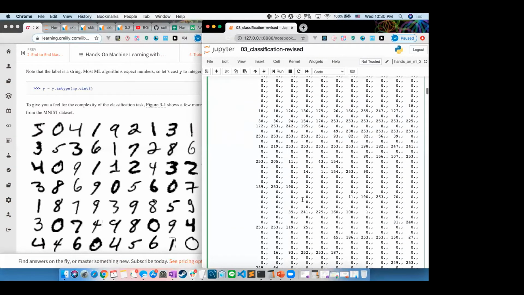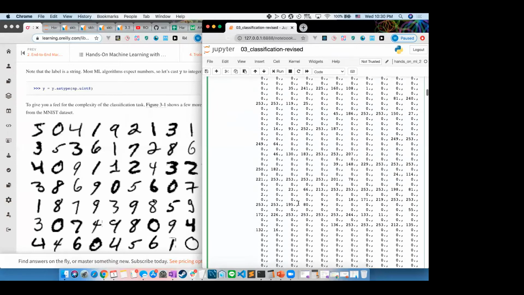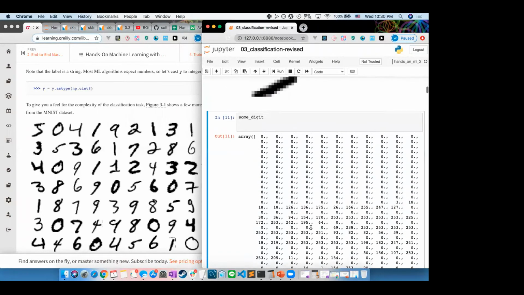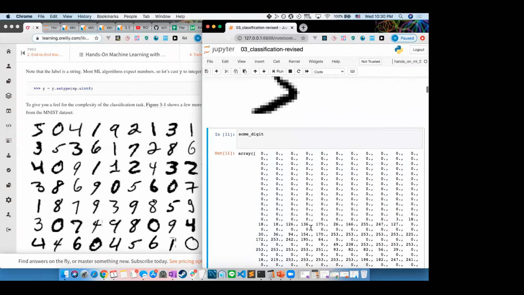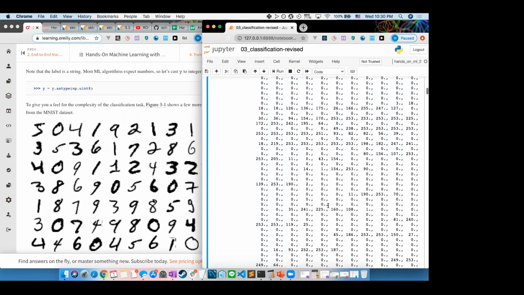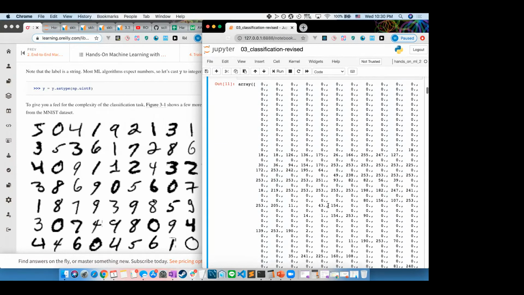So basically this would indicate an RGB value. In the previous chapter, we were dealing with tabular data, and in this case, we're not dealing with tabular data, we're dealing with images. Okay, gotcha. Yep, sure.